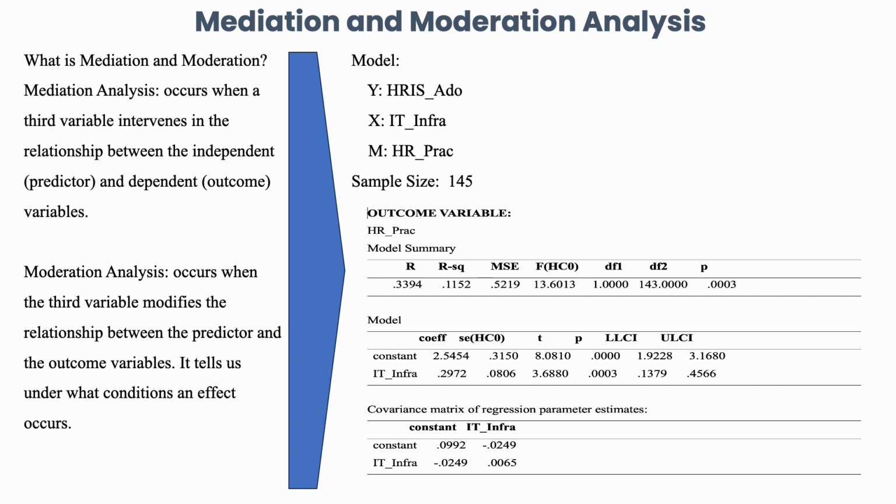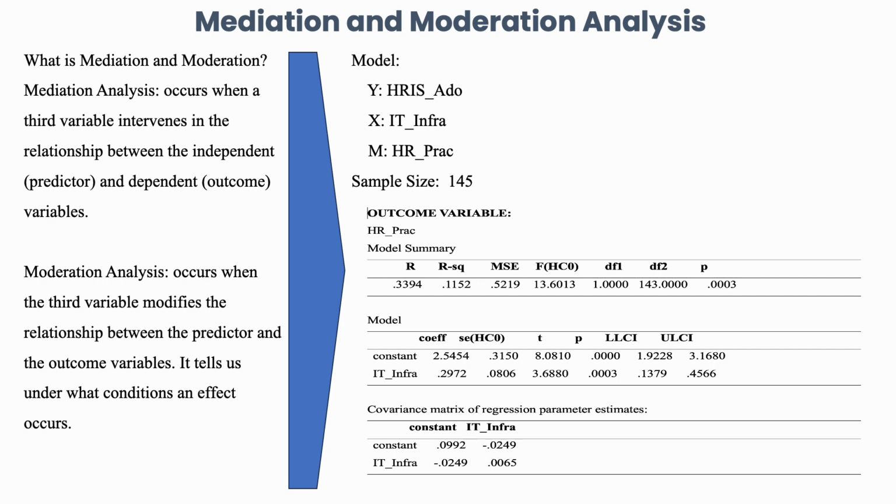The coefficient of IT infra is 0.2972, indicating that for a 1 unit increase in IT infra, HR practice is expected to increase by 0.2972 units. This coefficient is statistically significant because p is less than 0.001.